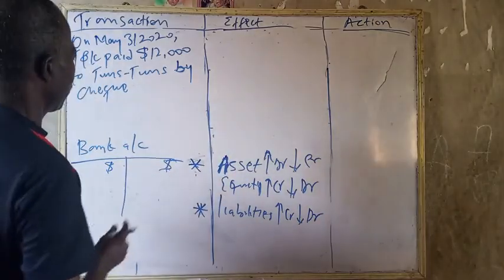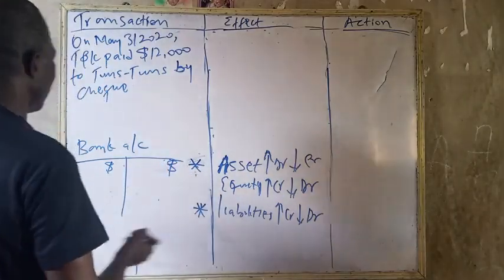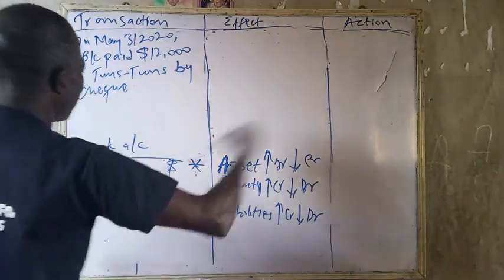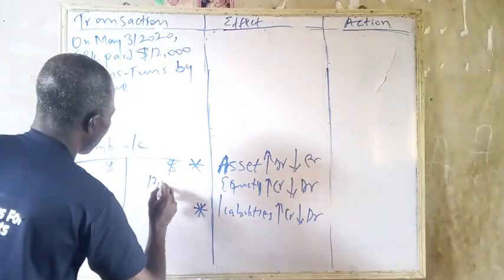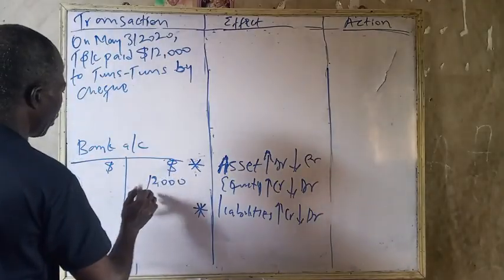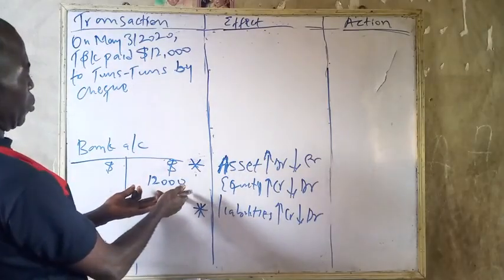Bank account. This is dollar sign. Bank account. That means from the bank, he's giving out $12,000. When asset is given out, what do you do?